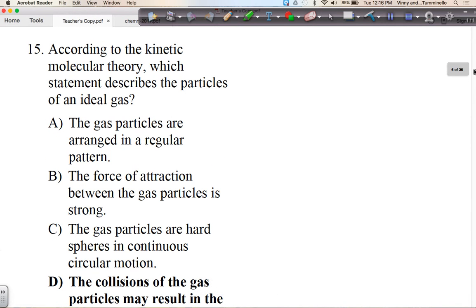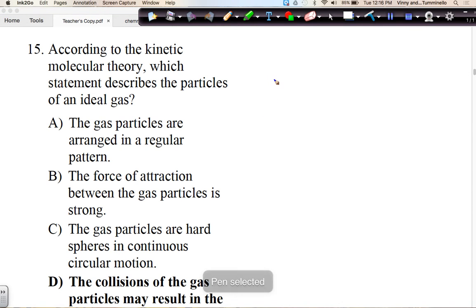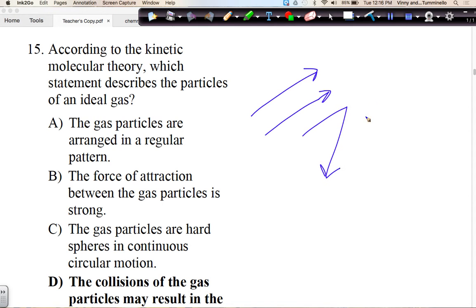Number 15, according to the kinetic molecular theory, which statement describes the particles of an ideal gas? We know that for an ideal gas, they're moving in straight line paths. They're moving randomly. They change direction when they bounce off of something. They transfer energy when they bounce off of something. Their particles are considered not to have any forces of attraction for each other, and their movement is considered to be very random.